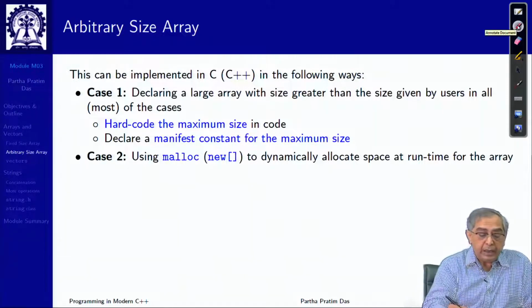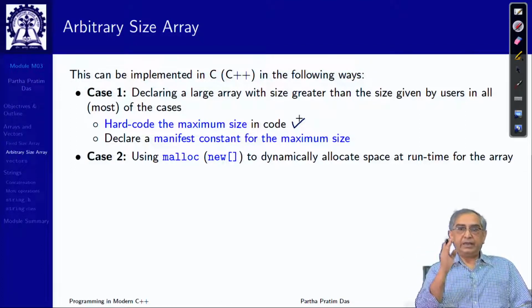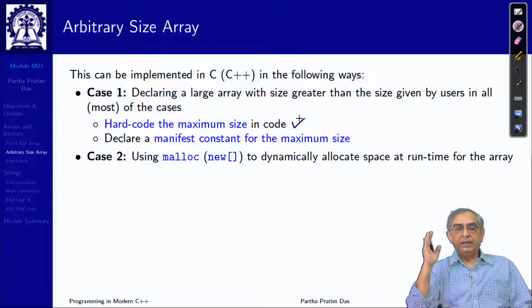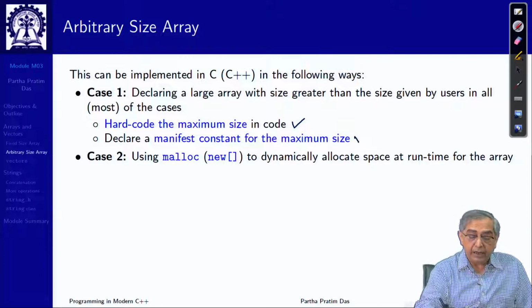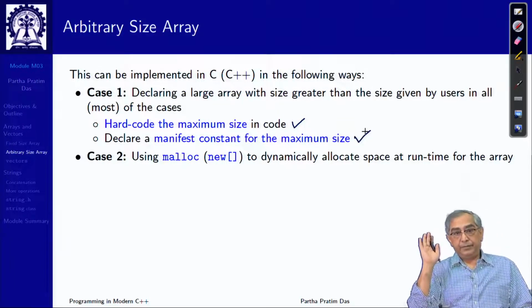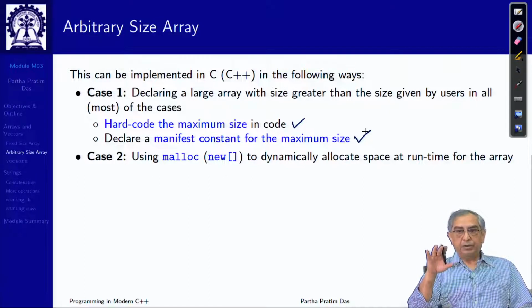So, one option is to declare an array large enough, greater than all possible sizes that can occur, and that can be hard coded as a maximum size, as we have seen, or declared through a manifest constant. Now, as we have learnt in C, this is often not a preferred approach if you do not really know what is going to be the size.